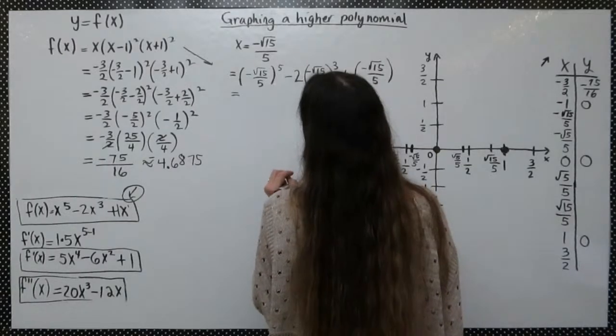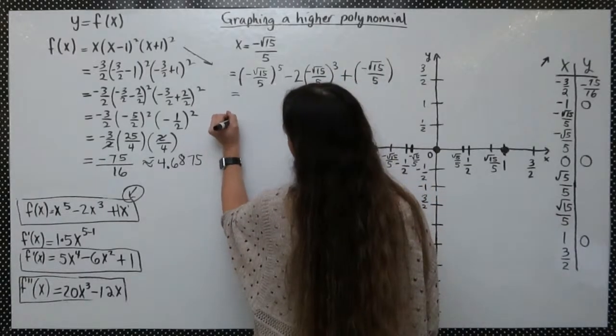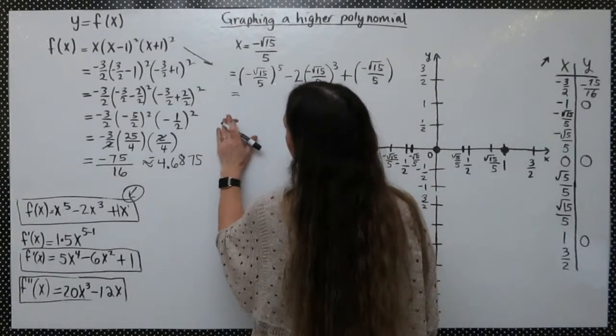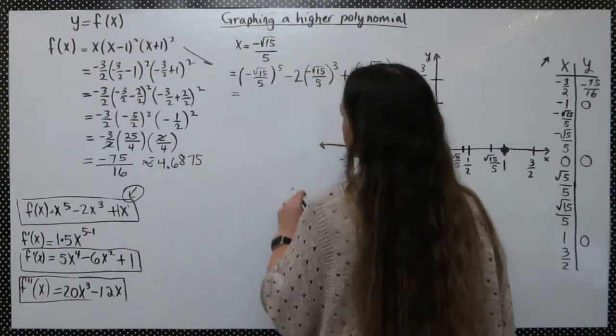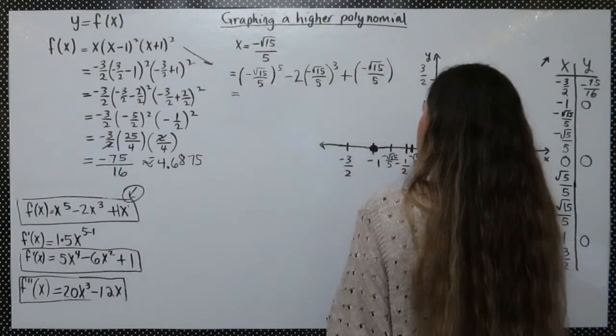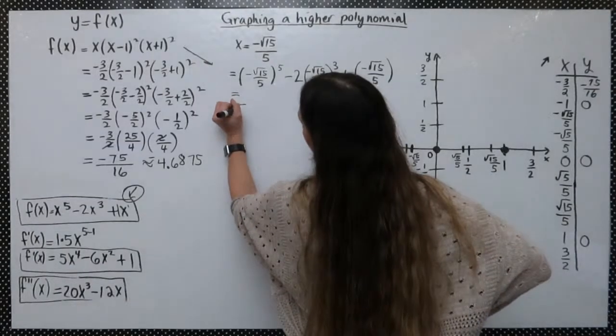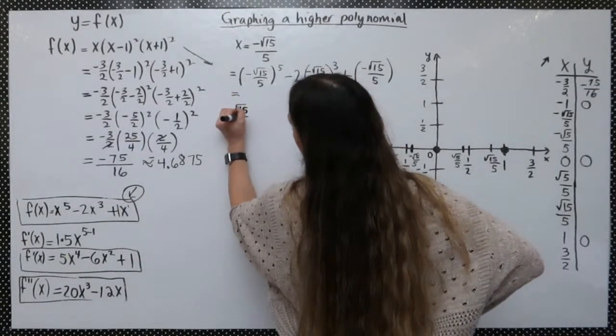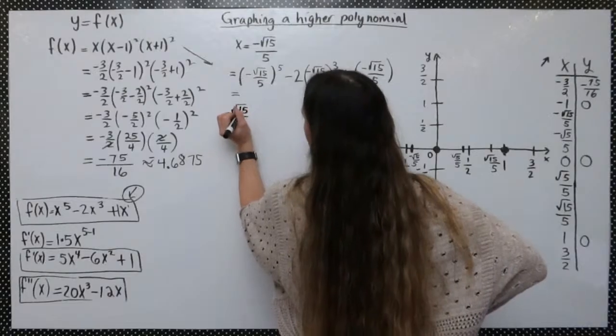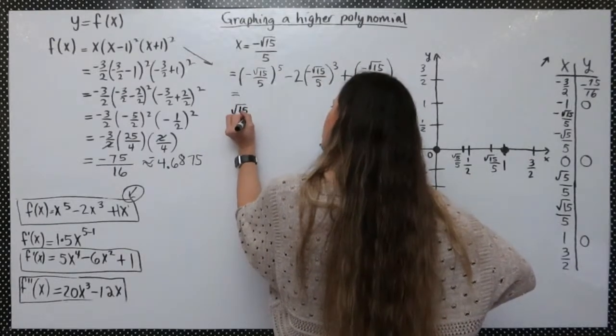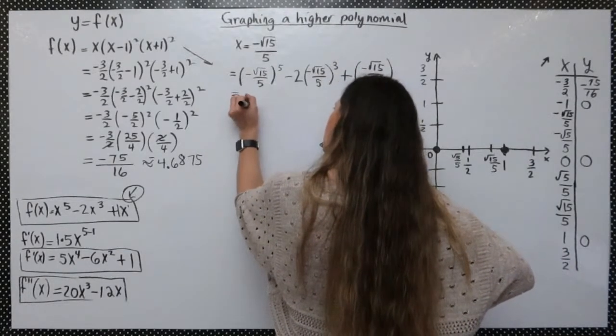I can leave off the negative because I know it's an odd number of negatives, so it's going to be negative. I can just focus on radical 15 over 5 to the 5th power.